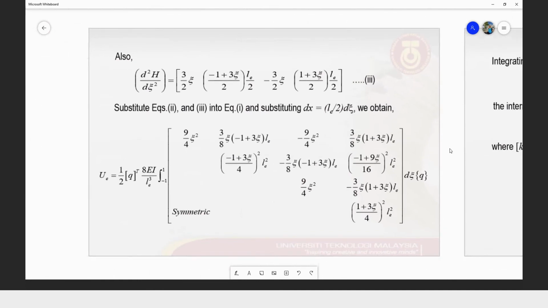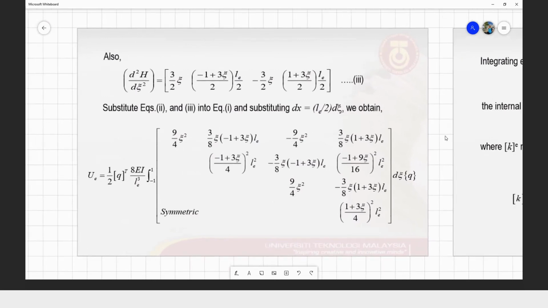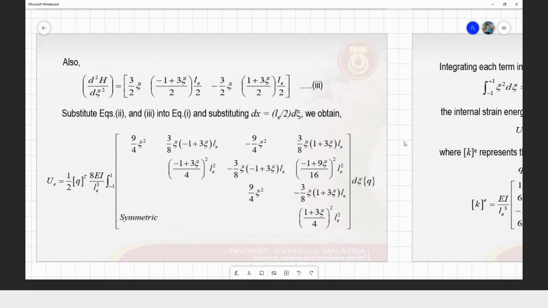So now as you can see, kita punya K matrix is very big ni dekat sini ni. Untuk satu elemen kita ada 4 unknown degree of freedom. So our K local will have the K matrix of size 4 by 4.